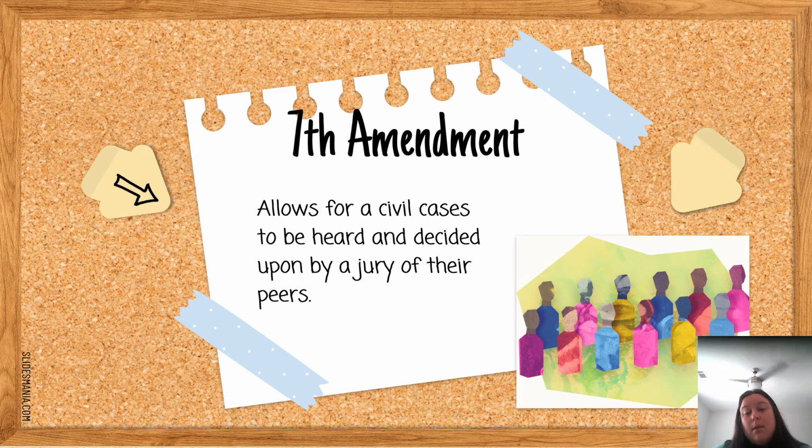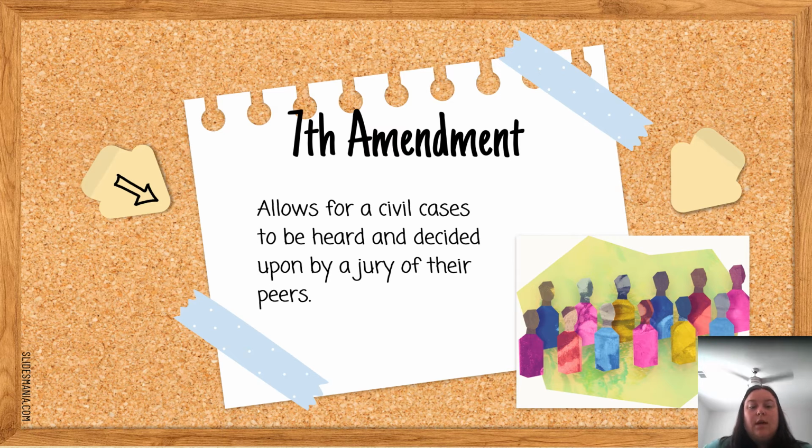Then we have the Seventh Amendment, which follows suit with the Sixth, and it allows for civil cases to be heard and decided upon by a jury of their peers. The Sixth Amendment could be more focused on the larger federal cases, whereas the Seventh Amendment focuses more on the civil cases.